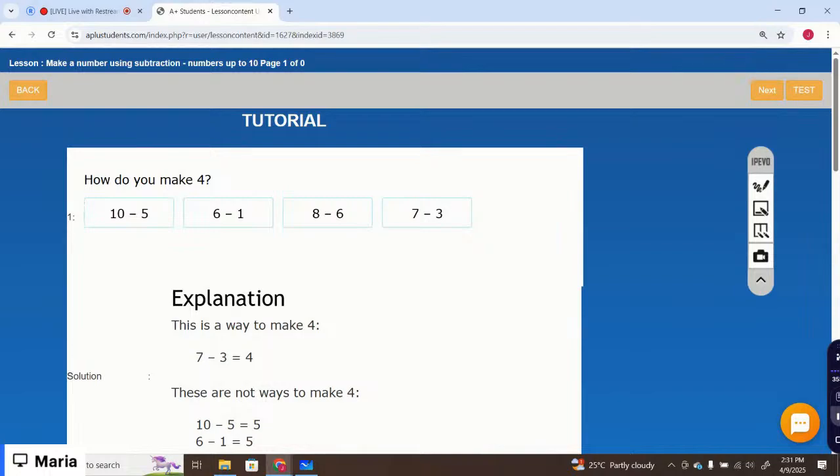You are given four options. You need to select the one that makes four. So the options are 10 take away 5, 6 take away 1, 8 take away 6, and 7 take away 3. So which one makes 4? That is 7 take away 3 equals 4.